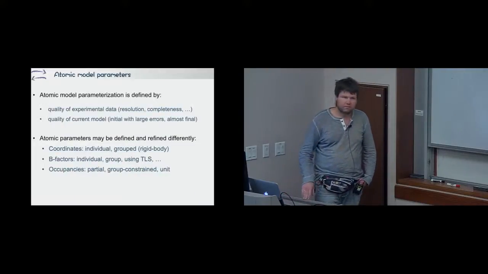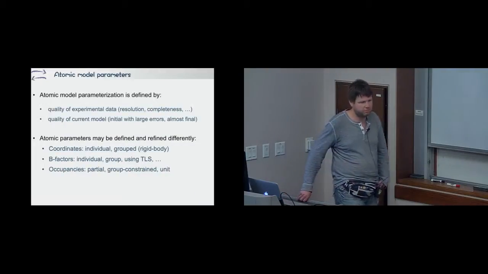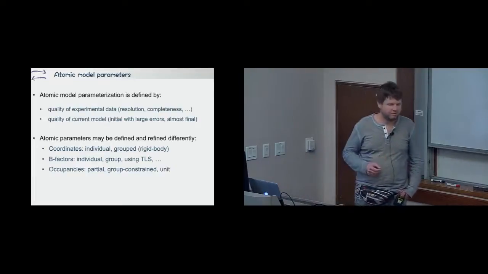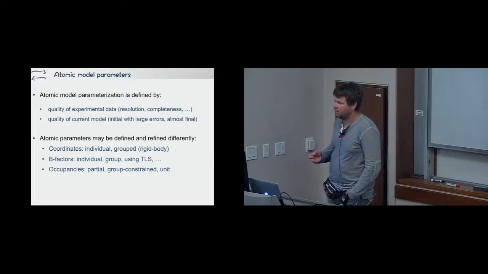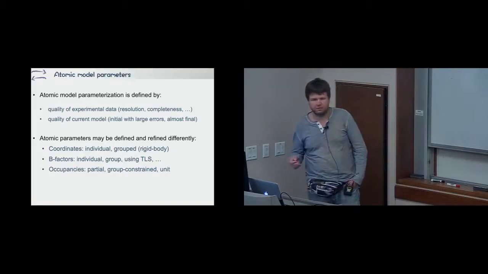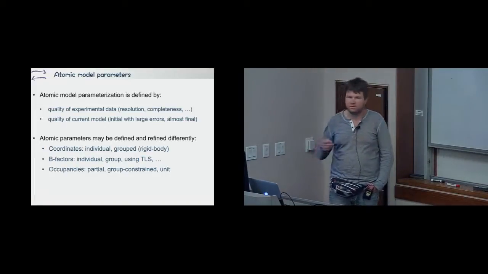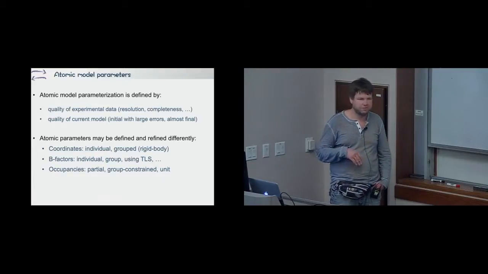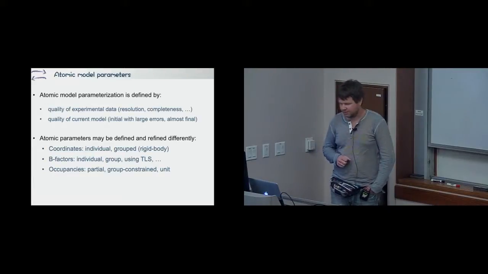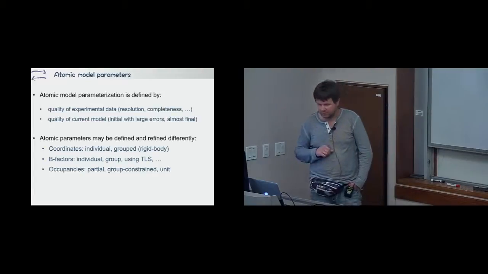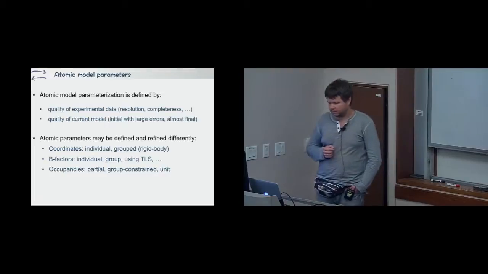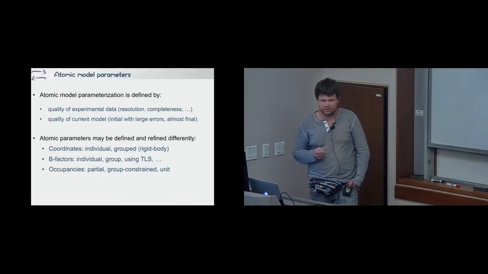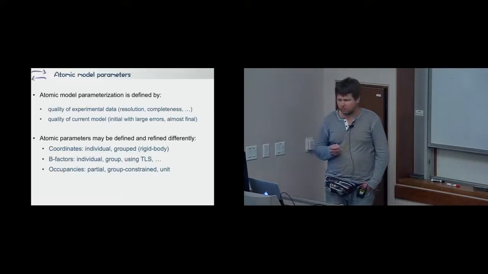Speaking of atomic parameterizations, I'm sure whoever tried to refine a structure faced dilemmas about how to parameterize the structure: whether to refine occupancies or not, whether to refine isotropic or anisotropic B factors, use TLS or something else, rigid body or individual coordinates, and so on. The choice of model parameterization is defined by two factors: current model quality is number one, and data quality is number two.